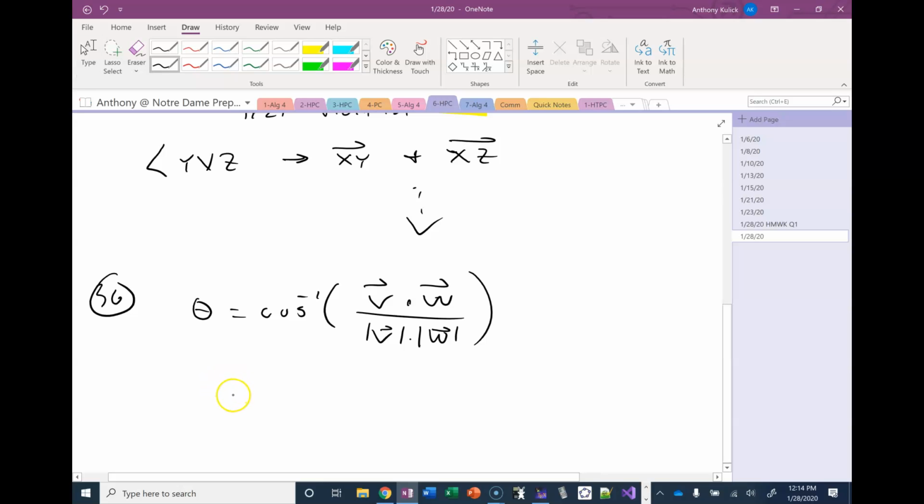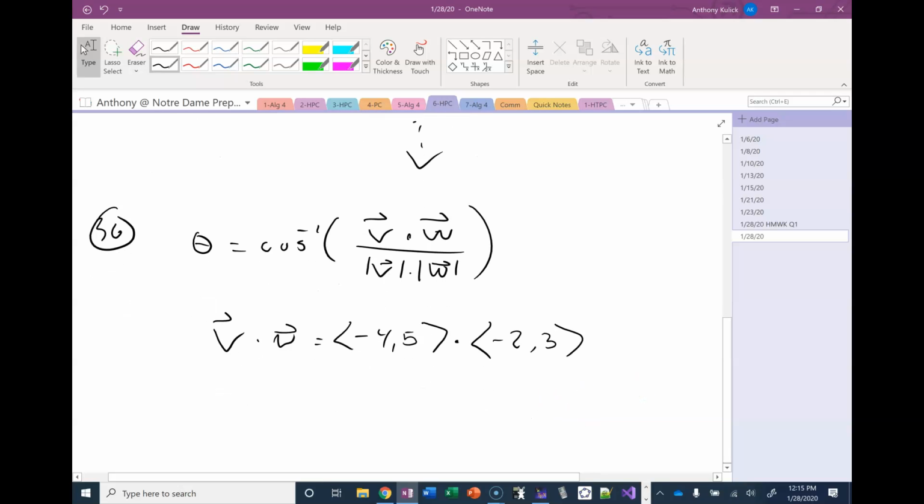So we know that v dot w is going to be the component form for vector v is this. And for w, it's given in linear combination form, so I'm going to write it as component form. So I get 7 for the dot product.